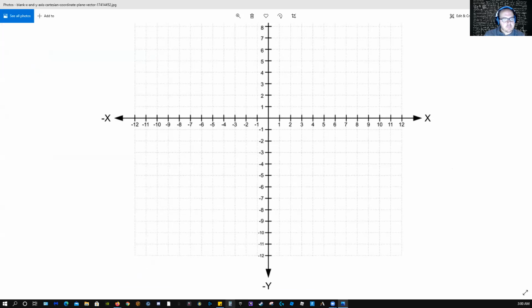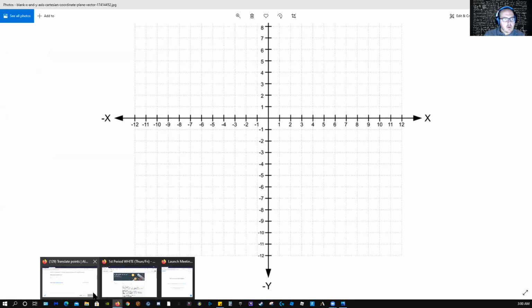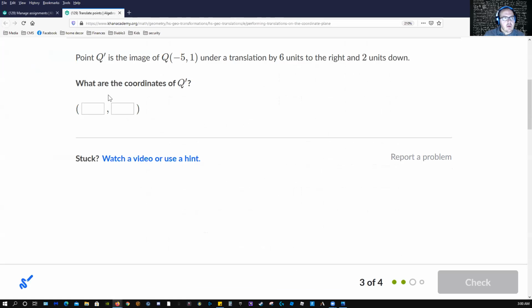So let's look back at our problem. It said Q is at negative 5, 1. So let's go ahead and go back to our plane. Actually, we should probably write this down on your own paper, but Q is going to be at negative 5, 1. It's going to translate 6 units to the right and 2 units down.